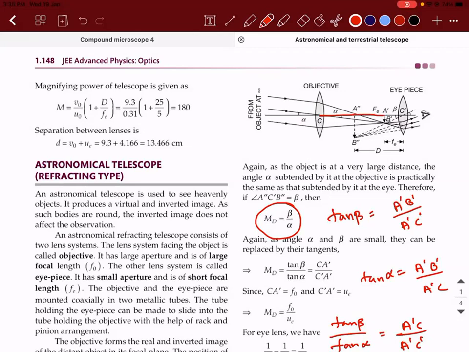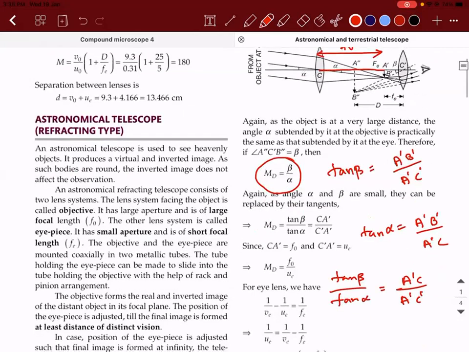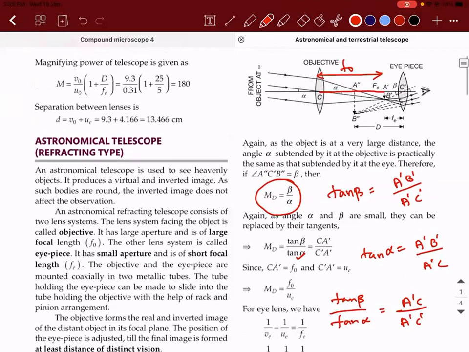So A dash C is F naught. And what is C dash A dash?